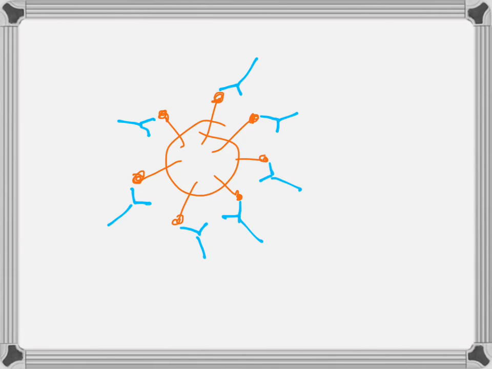These antibodies have opsonized or coated this virus.